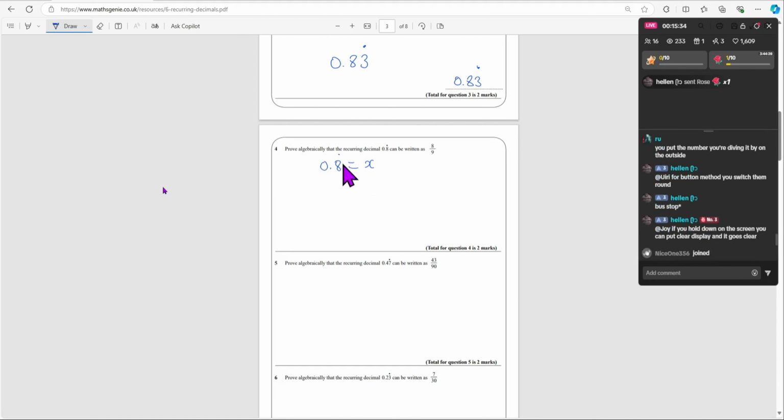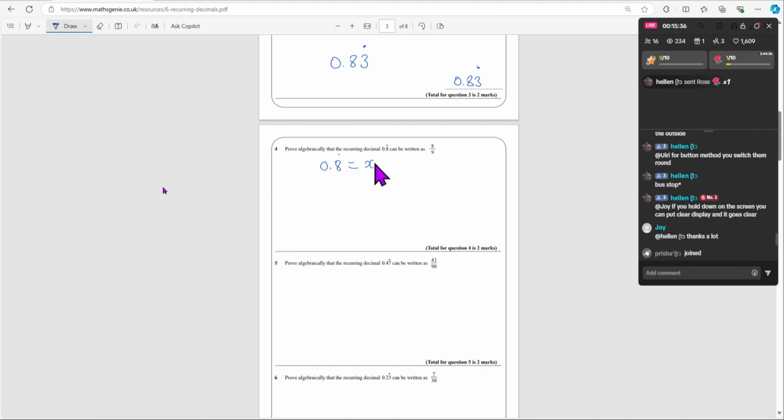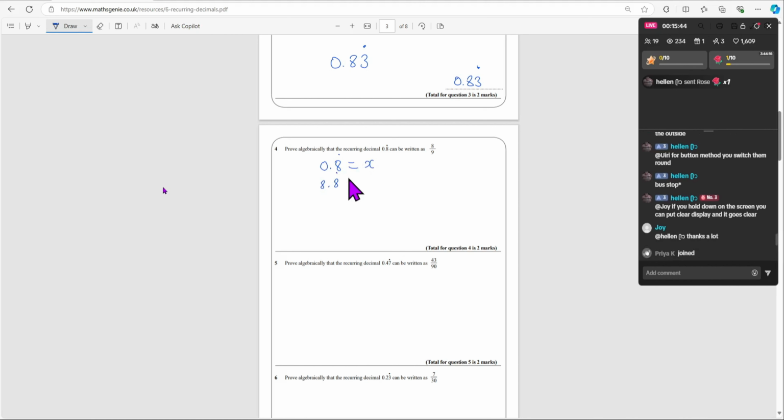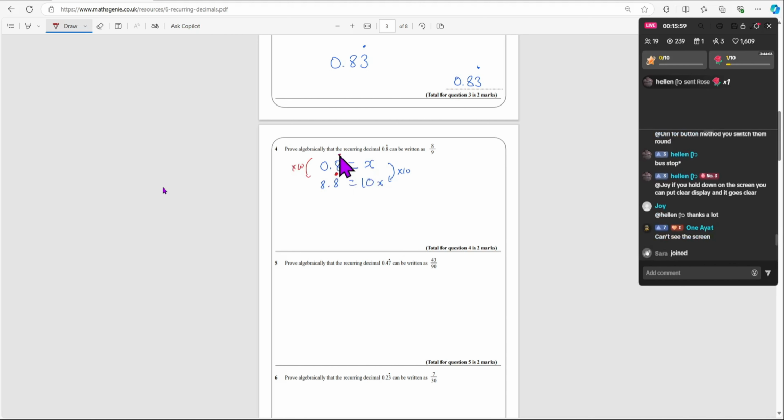We're going to say 0.8 recurring is equal to x, okay? Then we can write that 8.8 recurring is equal to 10x, because if you multiply this by 10 and multiply this also by 10, you will see that we get that. Remember the recurring sign above each of them, okay?